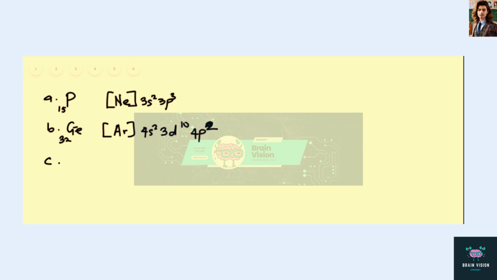Then the next one is zirconium. Zirconium is the 40th element, atomic number of 40, and the noble gas before it is krypton.